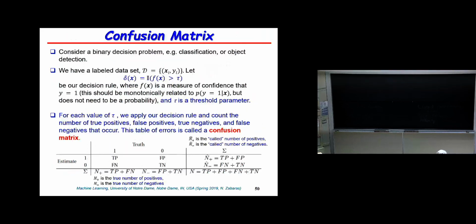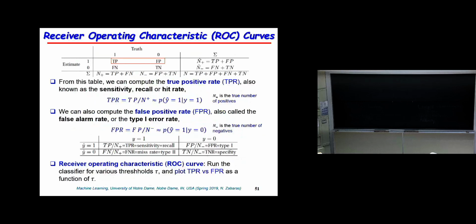And I remind you, if you have a binary classifier, more or less everything is based on this posterior probability, so we have to put some threshold: above some value, we declare this to be positive, below to be negative. That is the threshold tau. So I want to plot this versus that for all possible values of tau.